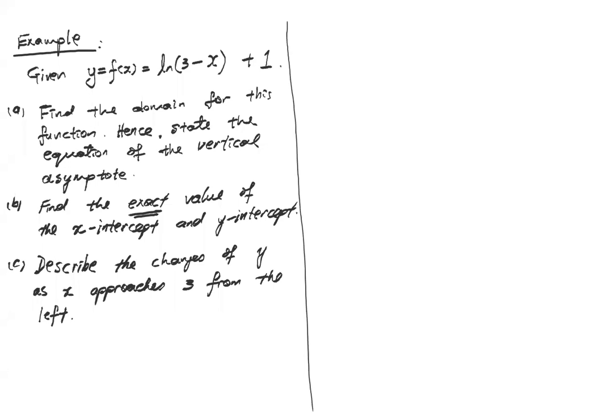Okay, so for part A, what do we need to do? Whatever is in the ln, this is the expression in the ln, we have to make it greater than 0.